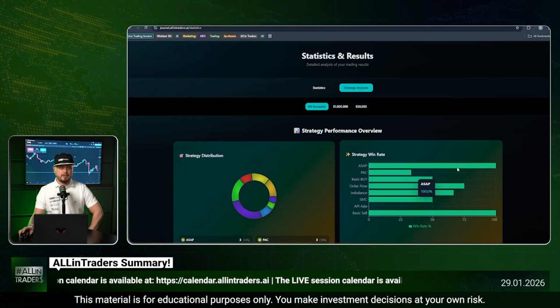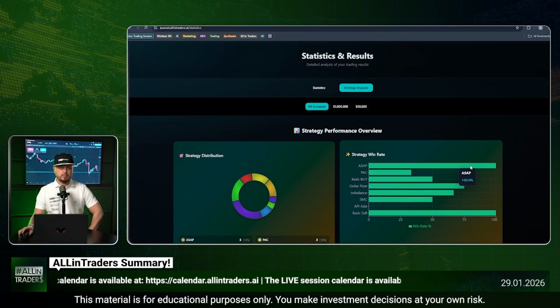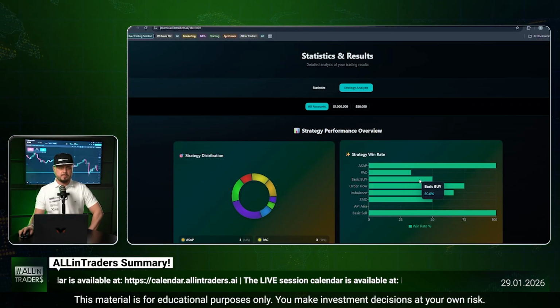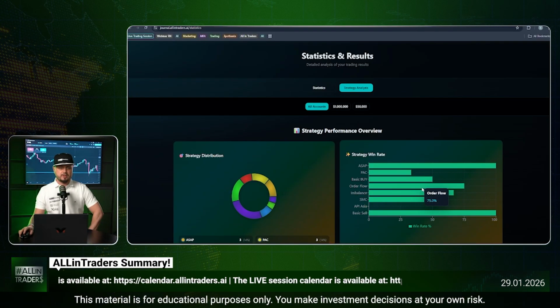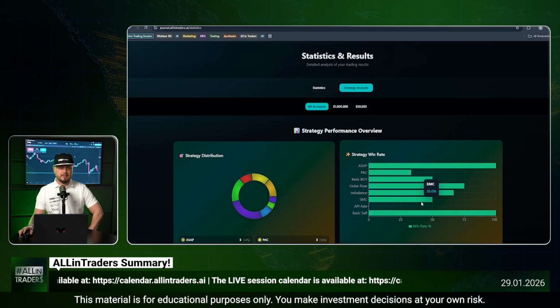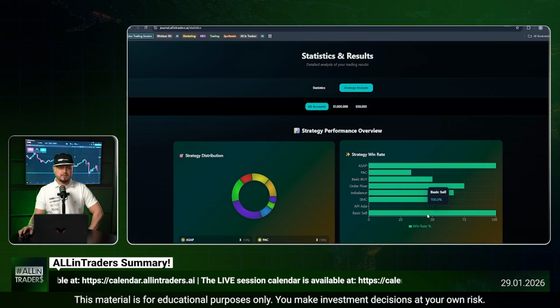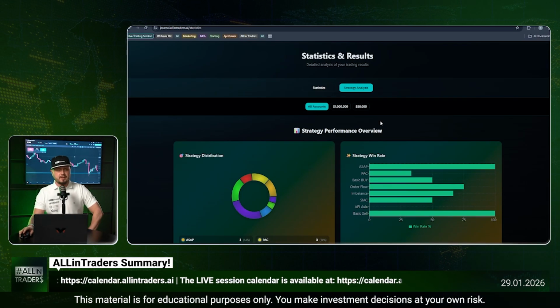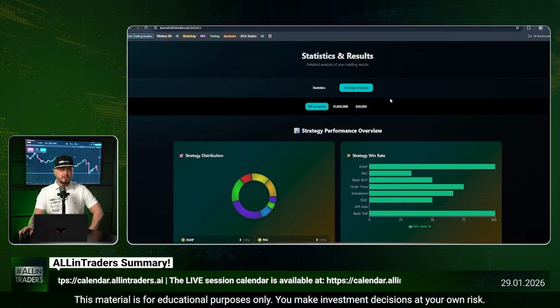At the moment, ASAP 100% win rate, price action cycle 30%, basic buy 50%, order flow 75% win rate, imbalance 66.7, smart money concept 50%, and basic sell 100% win ratio. So this is pretty good.